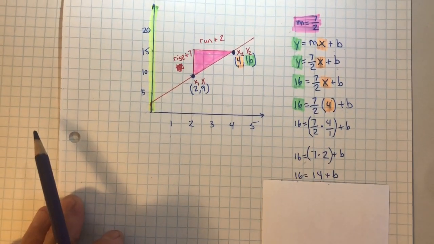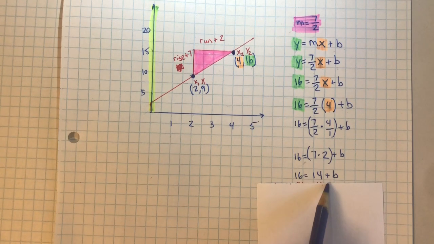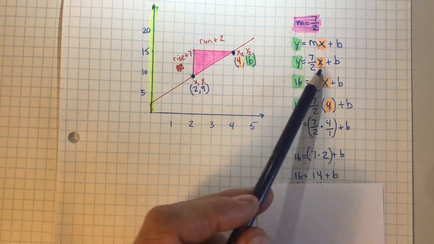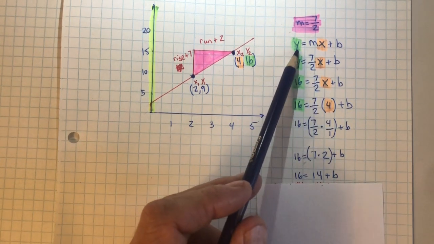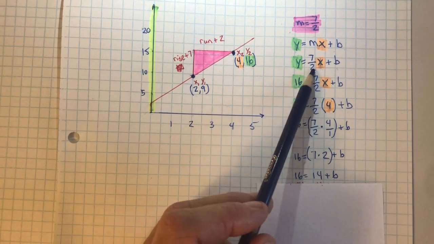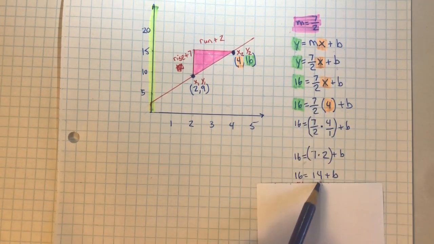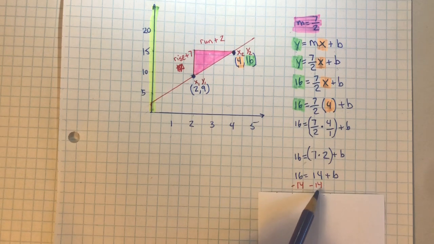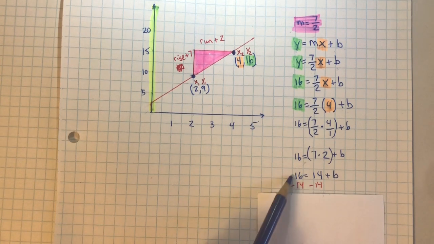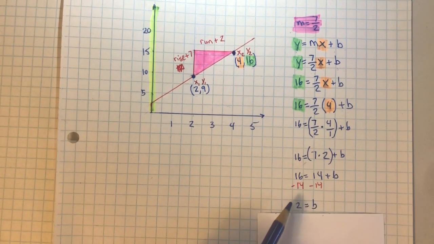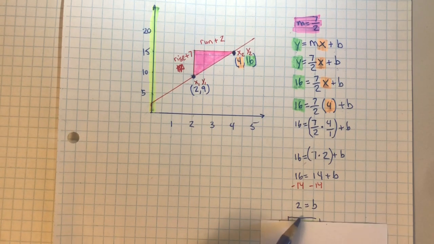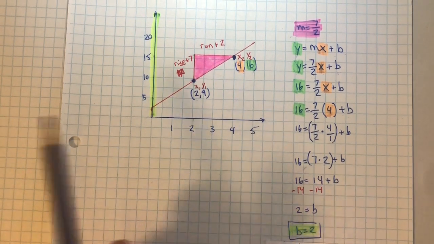I still don't have the value of b, because we're trying to find it in slope-intercept form, y equals mx plus b. We have the slope, but we don't have the b value. So now, the inverse property of addition is subtraction, creating a zero pair. 16 minus 14 is 2. So b equals 2.